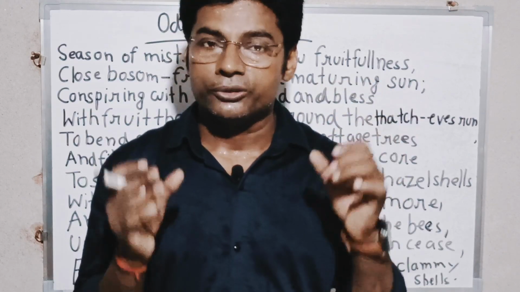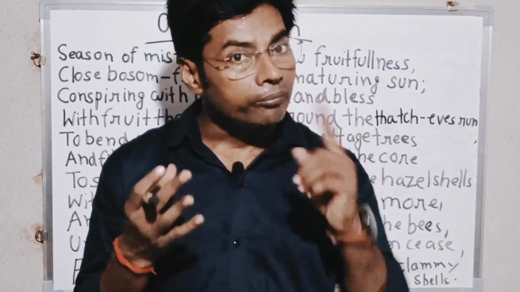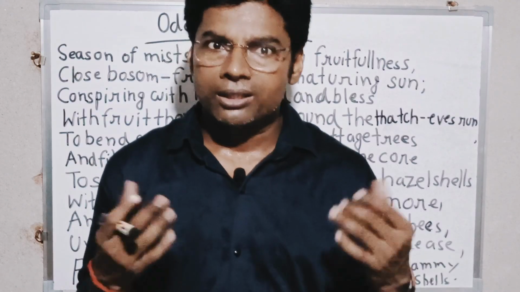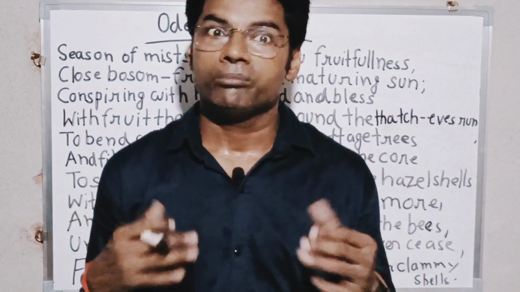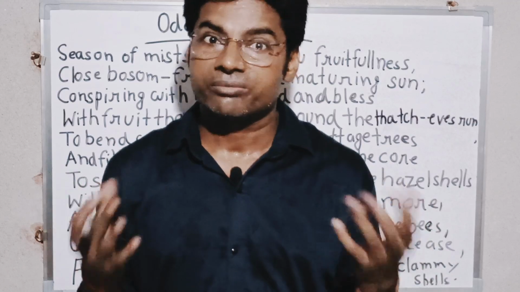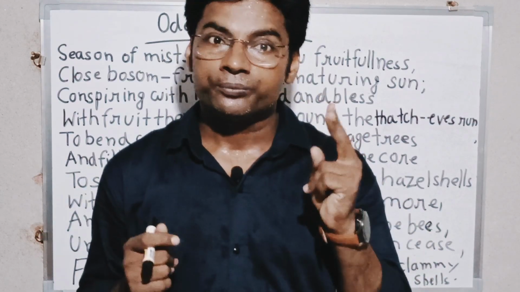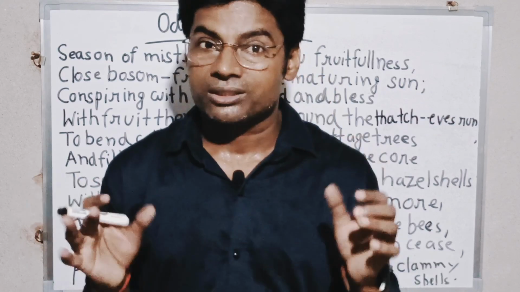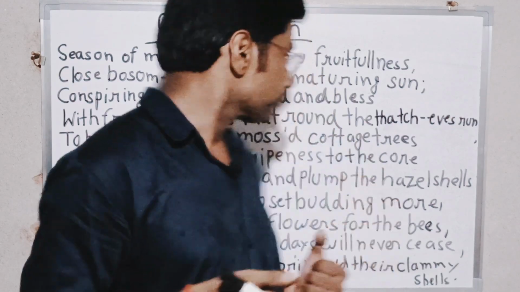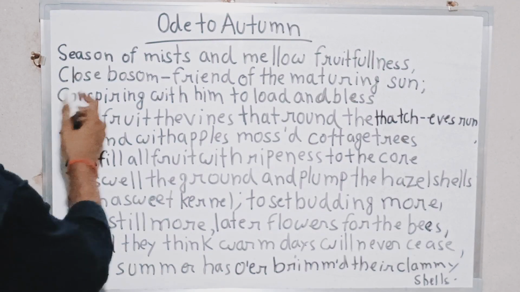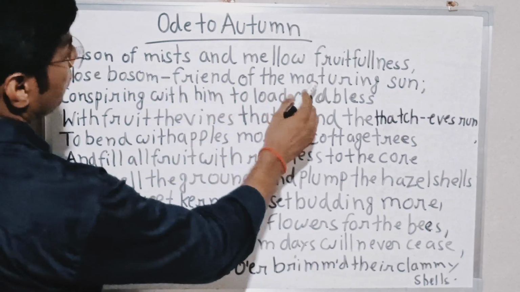If I say close friend, it means the same; if I say bosom friend, it means the same, the best friend. Even then he has used two adjectives, close and bosom. So see, close bosom friend of the maturing sun.